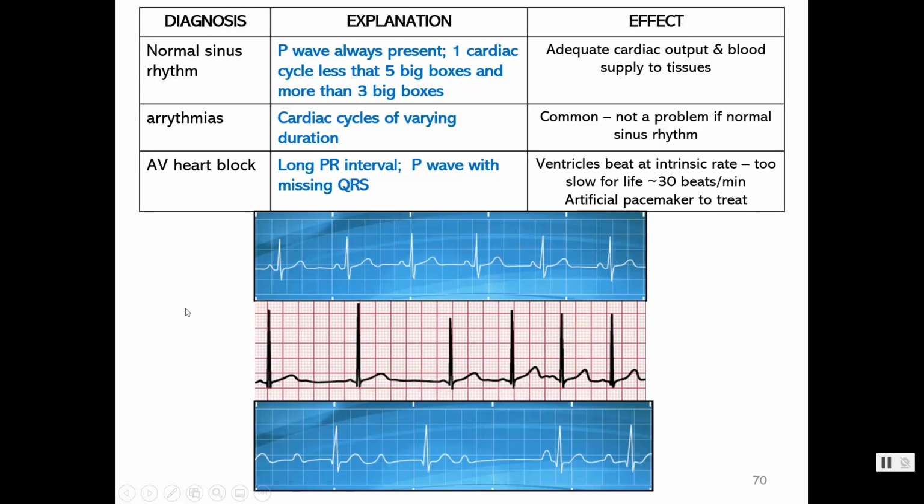There's some other things too with rhythm. So an arrhythmia is cardiac cycles having varying duration. And so you can kind of see, oh wait, these are 6 boxes apart, these are 4 boxes apart, these are 3 boxes apart. And these usually aren't a problem if it is a normal sinus rhythm, meaning there's a P wave, QRS complex, T wave.